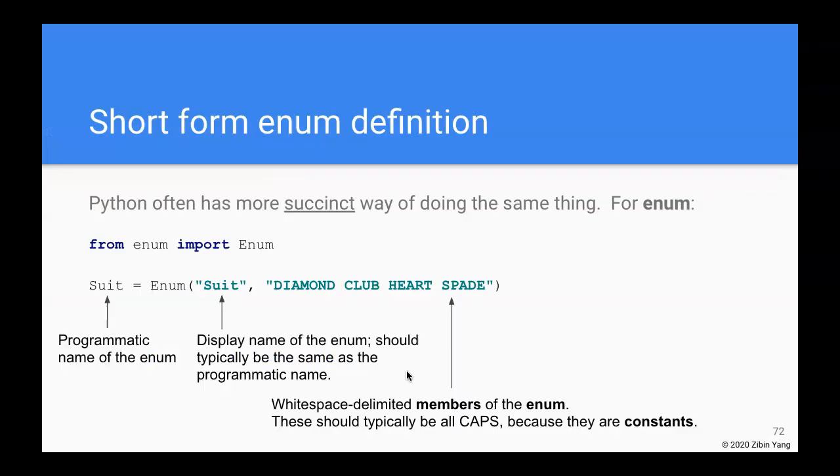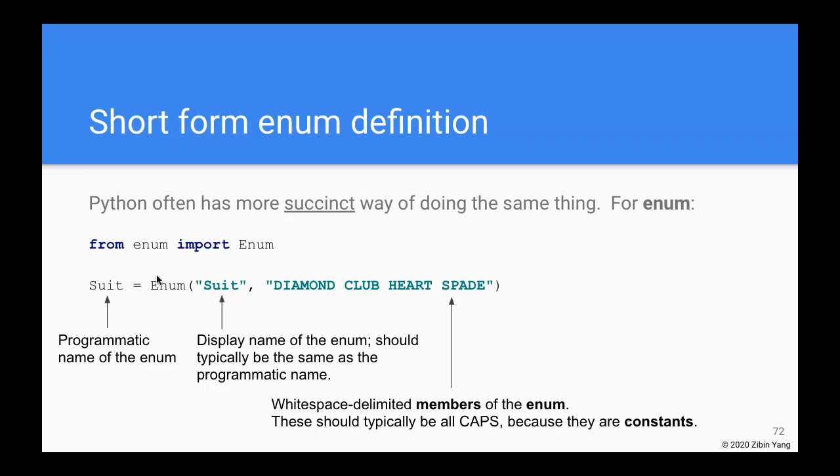Now, another thing with enum is that, as with most things in Python, there's a shorter way to achieve the same thing. If you think defining a class for enum is a little too much, then there's a shorter form for it, and this is the syntax. We start with the name of the enum, in this case we're going to call it the same, suit, and then we assign it an enum. The first argument to enum is the display name for this enum.